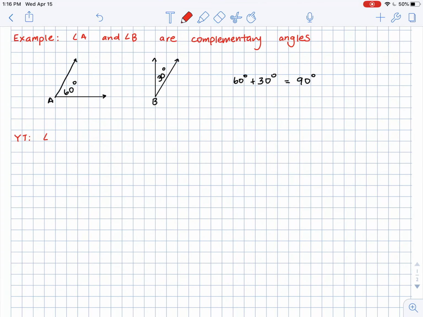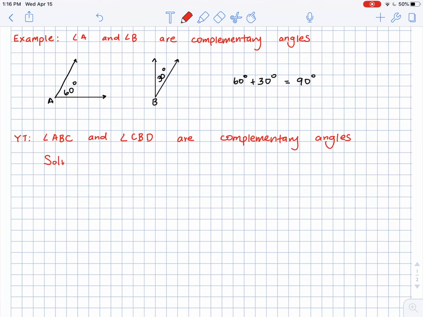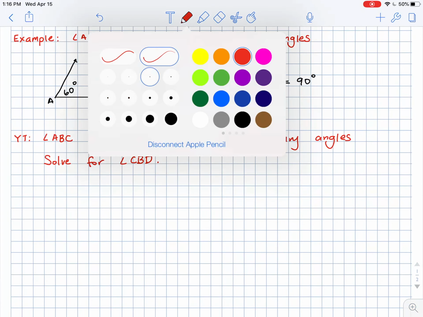Angle, let's write it like this, ABC and angle CBD are complementary angles. Okay. Solve for angle CBD.